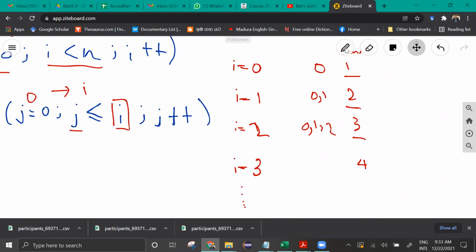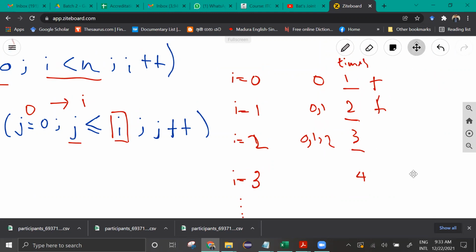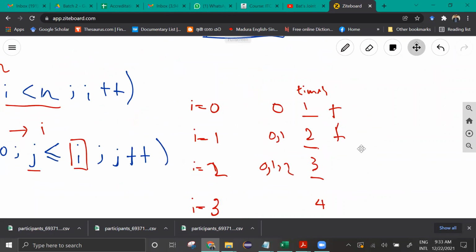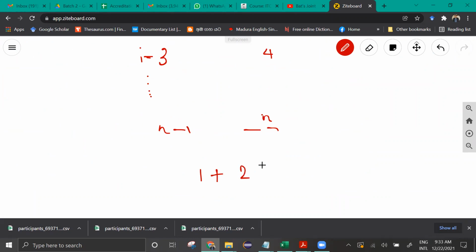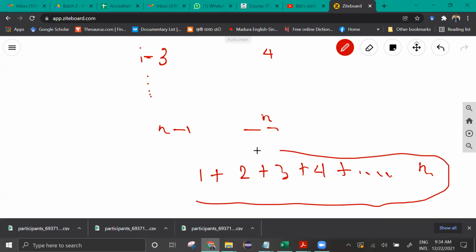So the number of iterations, if we add all of these, will be something like 1, 2, 3, 4, and so on up to n. The program is running this many times.